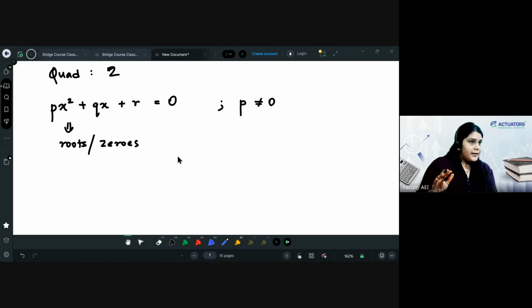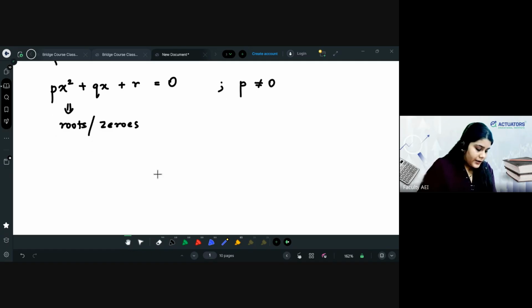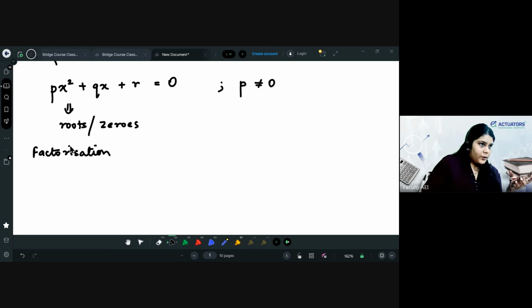We'll do multiple methods. First one will be factorization. What is factorization? कोई भी polynomial को when we try to write as a product of few expressions, then that is called breaking it up into factors. Factors क्या होते हैं? Elements of a product, right? तो the first method is factorization. उसमें what will we try to do?